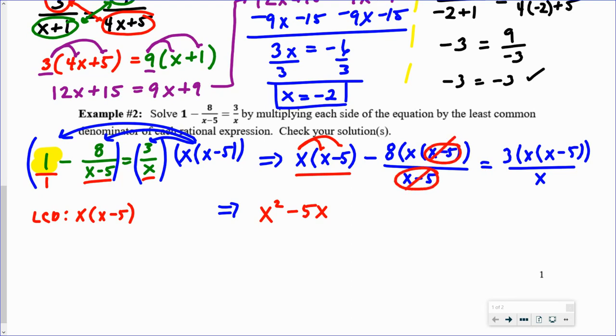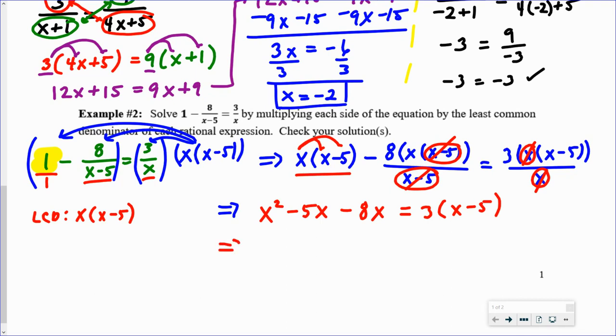So those will divide out, and we'll just be left with minus 8x. So again, the left-hand side really cleans up pretty nicely. Right-hand side, again, we have a common factor of x in the numerator and the denominator, so that will divide out, and then we'll be left with 3 times x minus 5, and we'll distribute that in just a second.